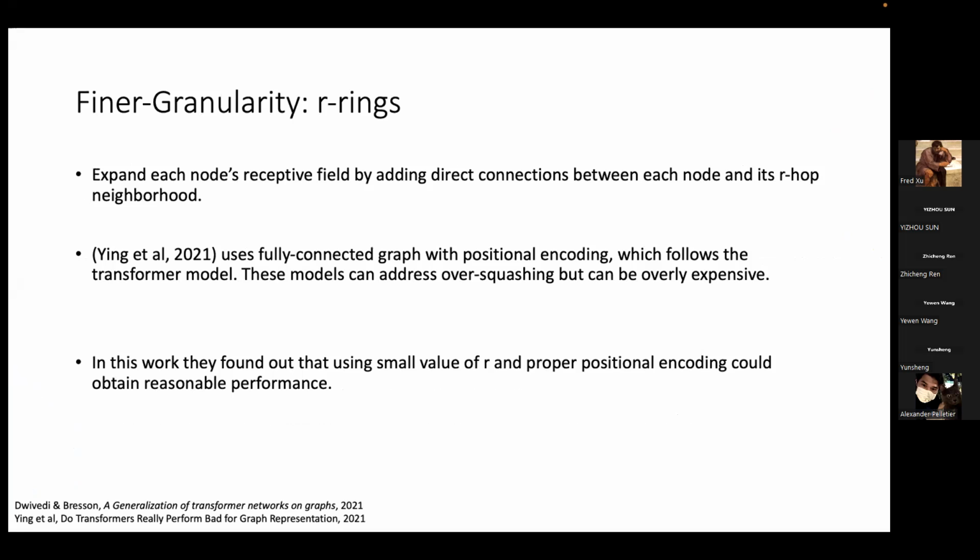So you don't use full connection, you use these local connections. They found that using some small values of R could work, depending on your problem. Some short range problems only require one hop neighbors, and some long range problems you probably need more, like a bigger R.